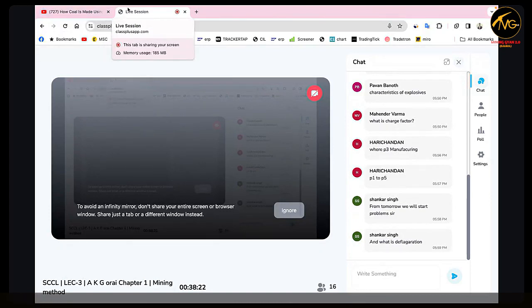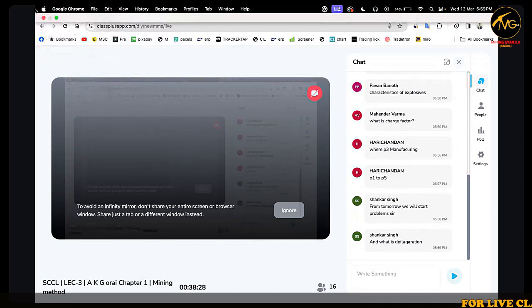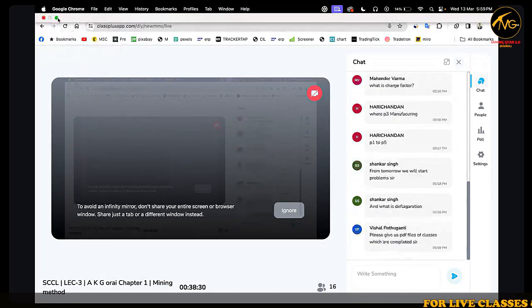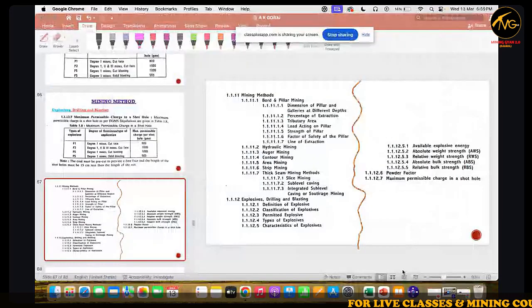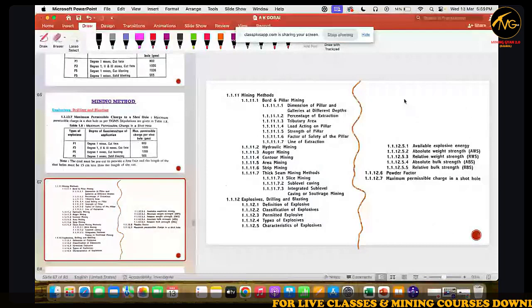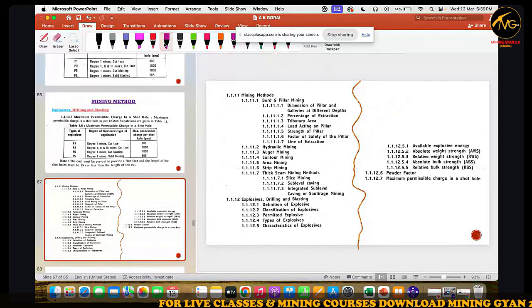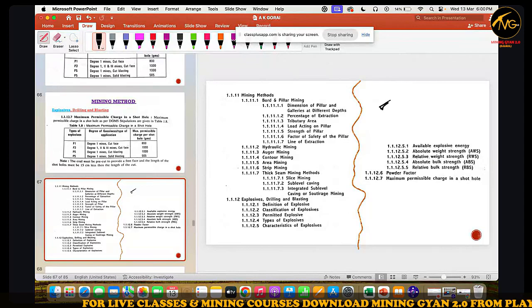Deflagration: the action of heating a substance until it burns away. I will explain. Suppose this is your low explosive or it is gun.